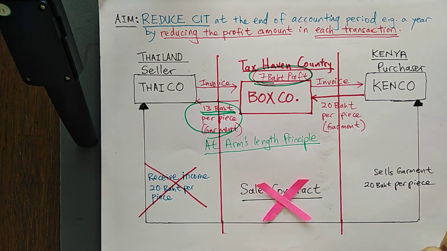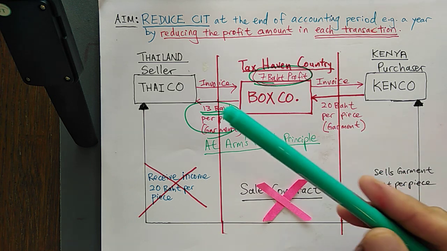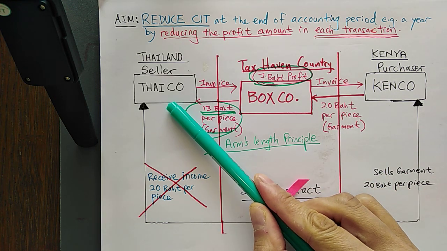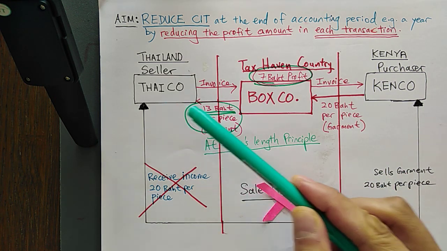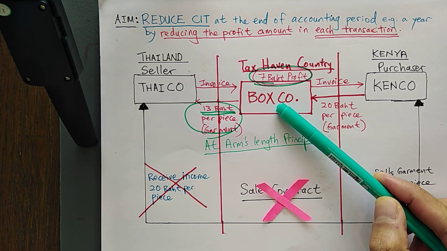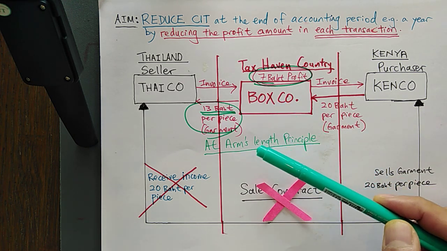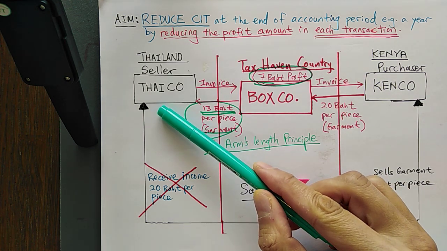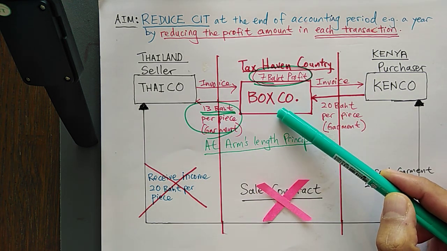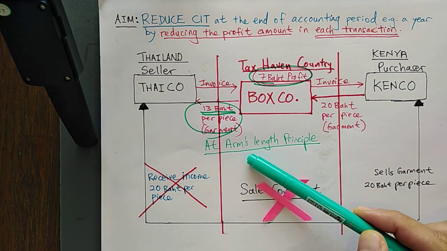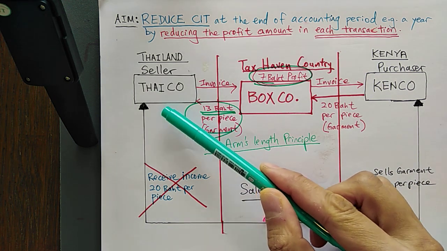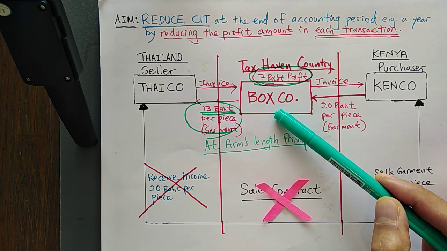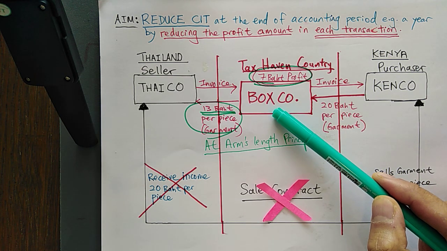In other words, the question to be asked by the Revenue Department is: are Taiko and Boxco at arm's length? Meaning that Taiko and Boxco are not related.